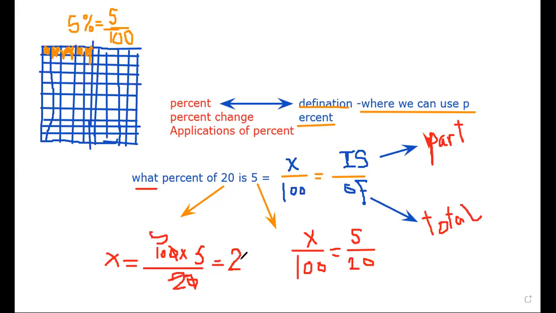By the end, the answer is 25. For any question related to what percent, or "5 is what percent of 50", we can write the question in different ways. We can use this formula to calculate the percent.